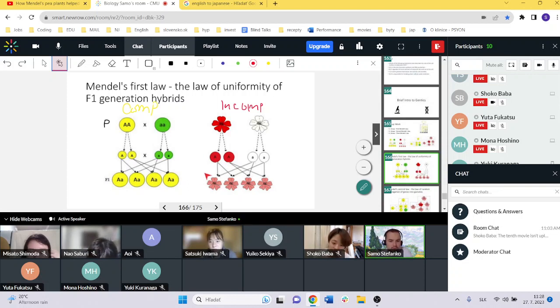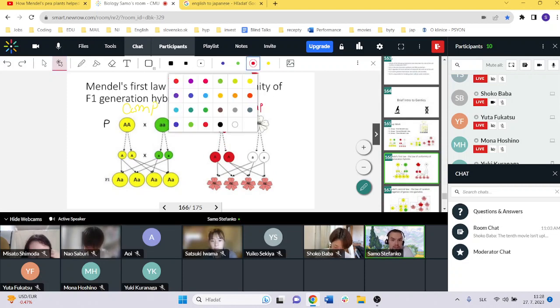So we do not have either red or white flowers, but we have a blend. We have something between, an intermediate phenotype. In our case, pink color.